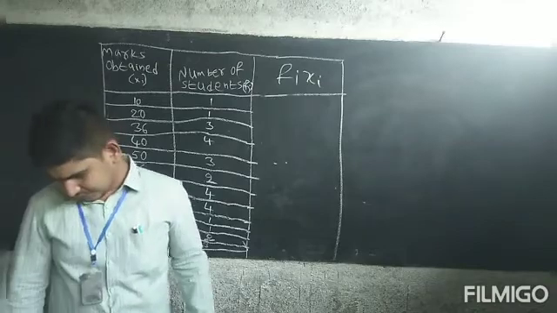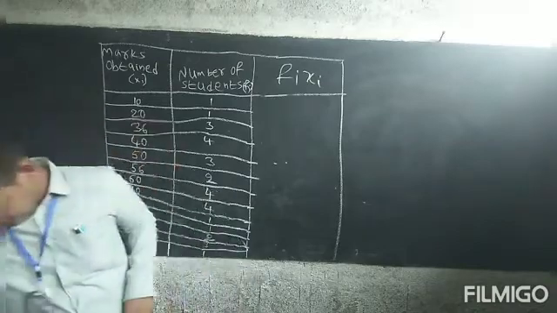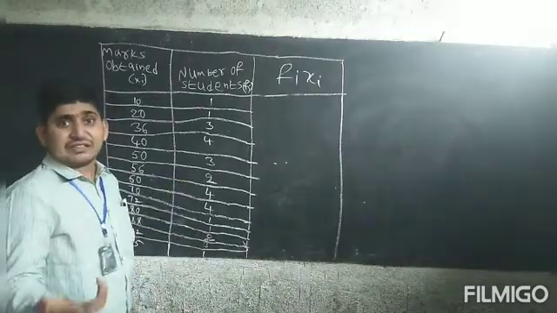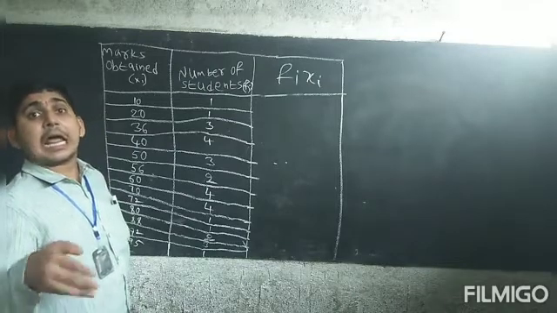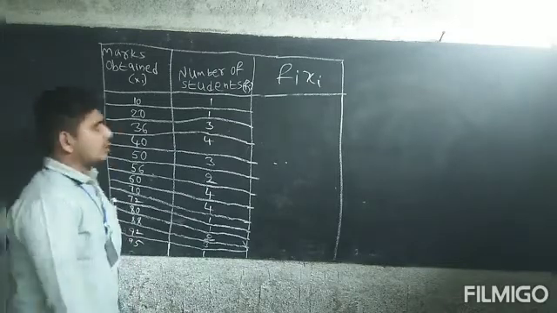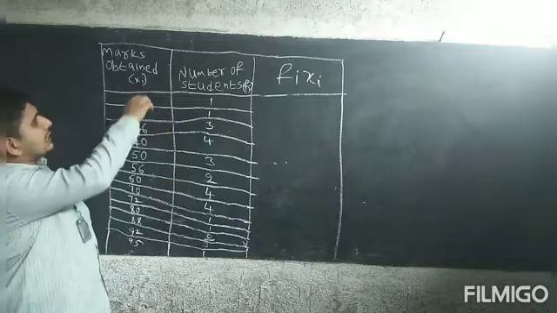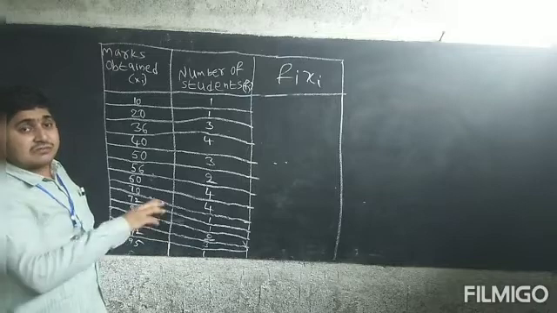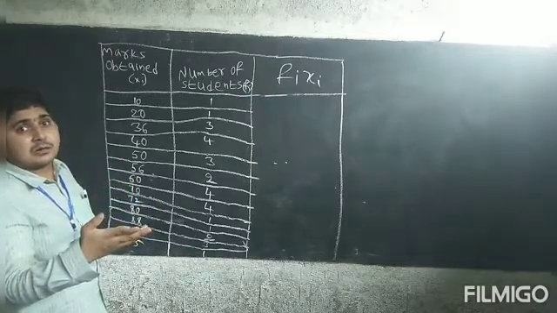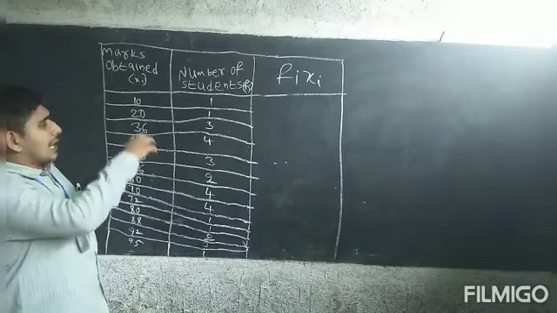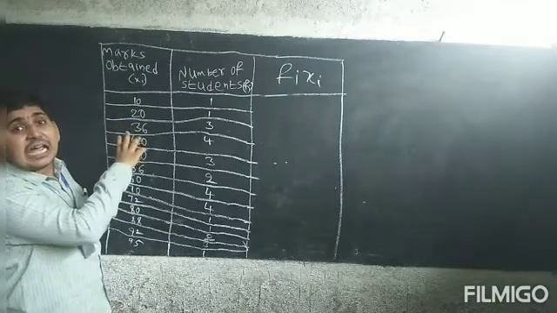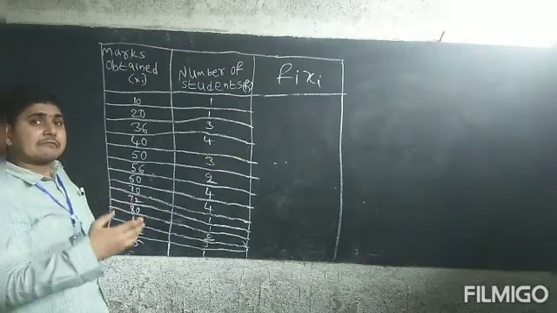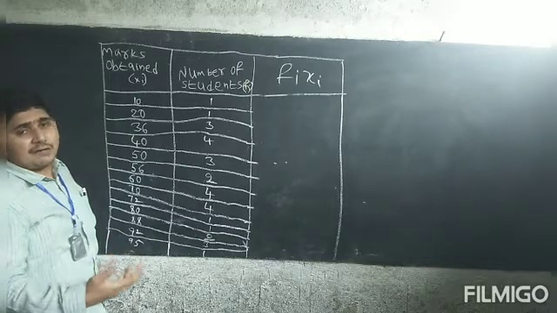Now this is ungrouped data. What is the difference between ungrouped data and grouped data? In ungrouped data, exact values are given. In grouped data, exact values of the data are not available to us.